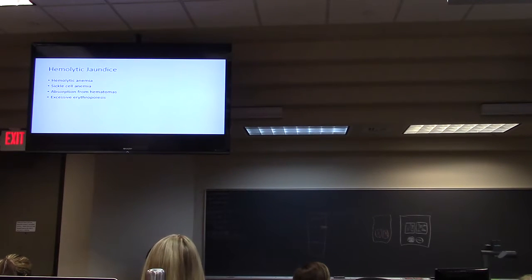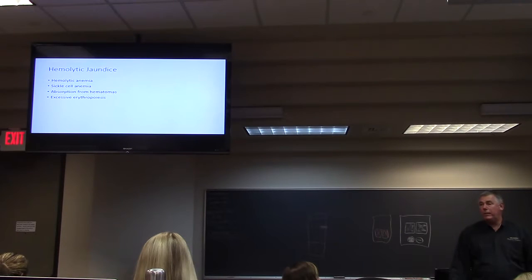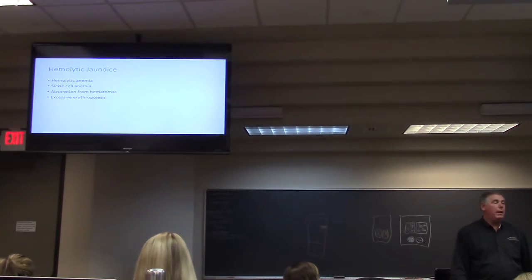If you're having premature rupture of red blood cells, like in sickle cell disease, which is a hemolytic anemia, if you have a massive hematoma, if you've been in an MVC and you have bruising all over your body, road rash, for example, a lot of bruising, the absorption of bilirubin over time can elevate it, and excessive erythropoiesis.